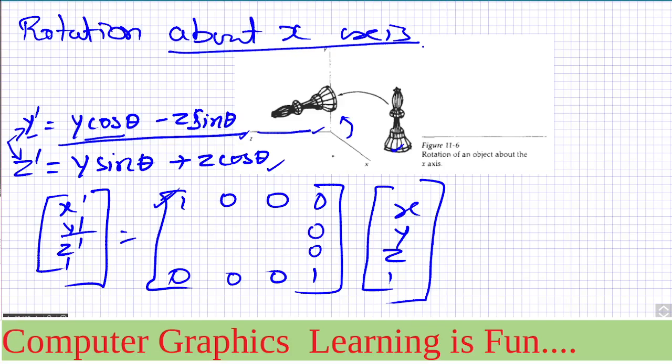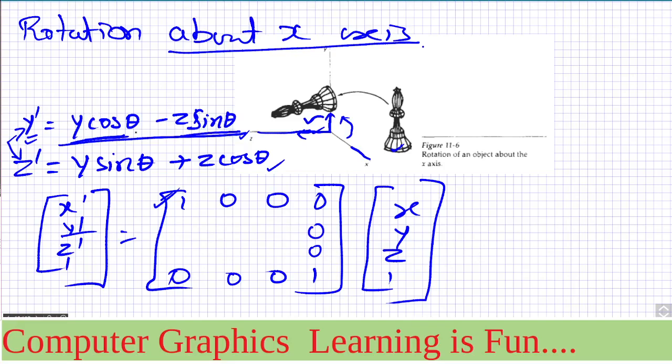Similarly here, we are keeping x constant and rotating from y towards z. So y will be treated as x and z will be treated as y in our earlier rotation equation. That's why y dash will be y cos theta and z sin theta.